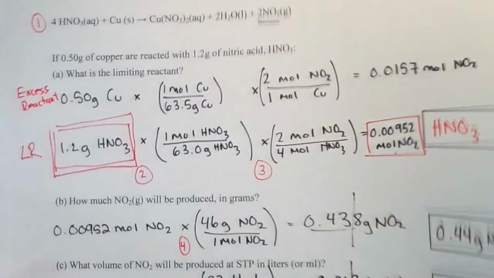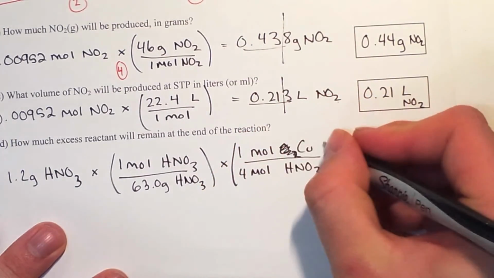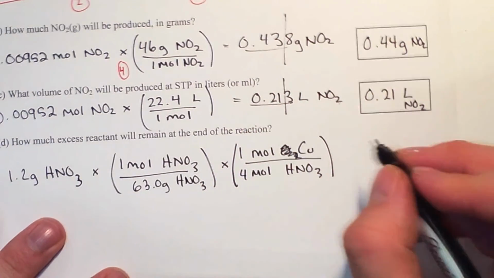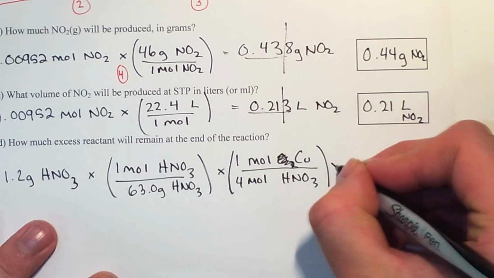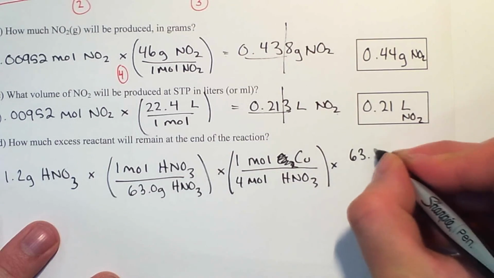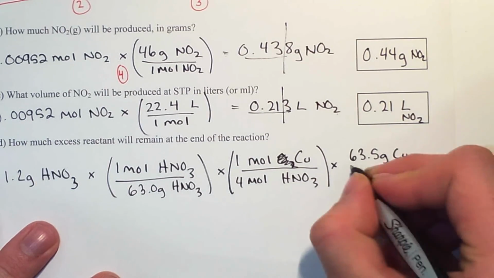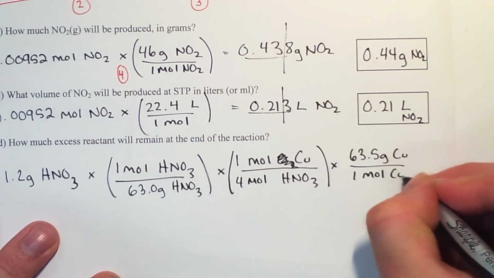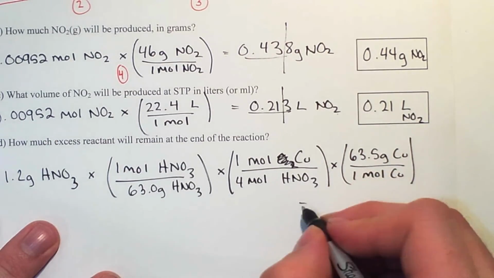So it's 1 to 4. And I'm going to convert to grams. So 63.5 grams of copper for every 1 mole of copper.